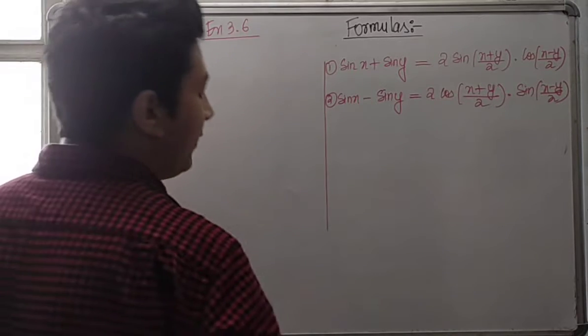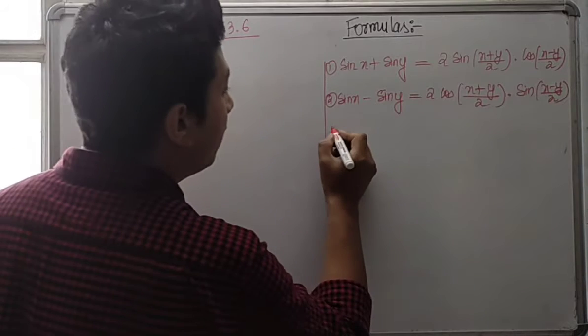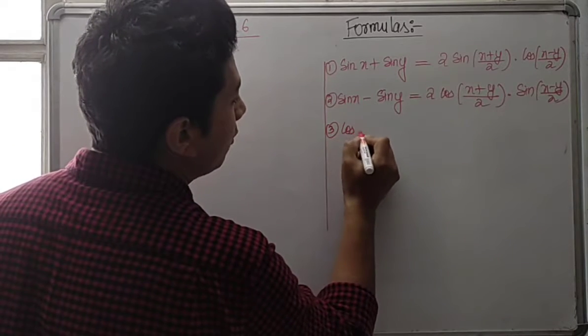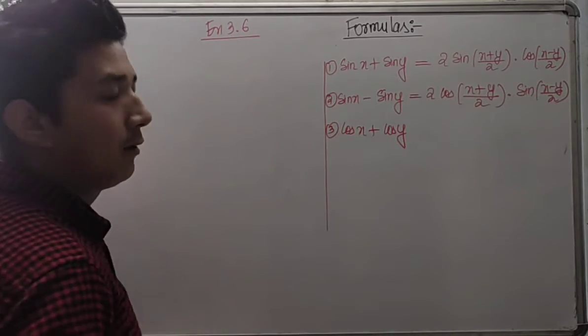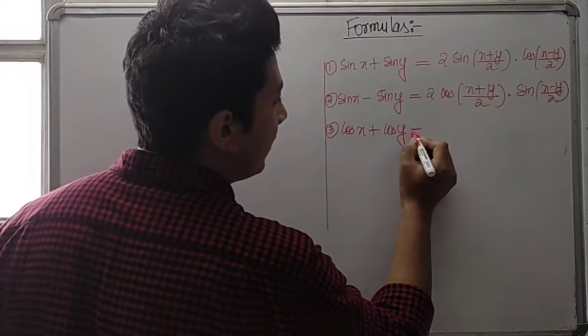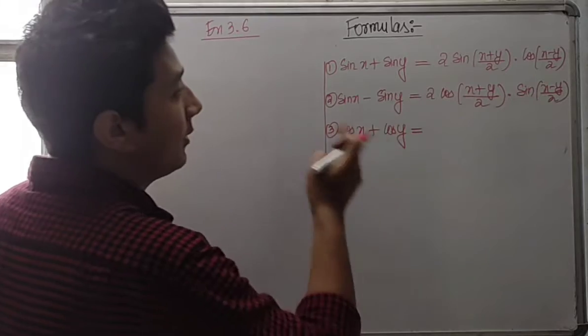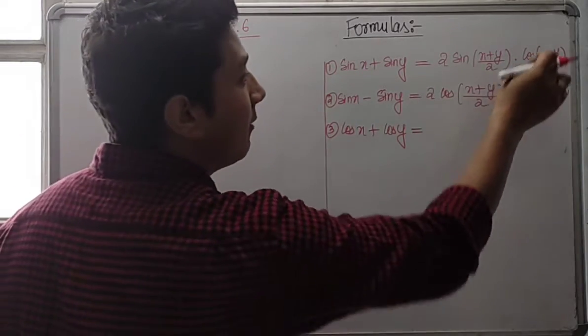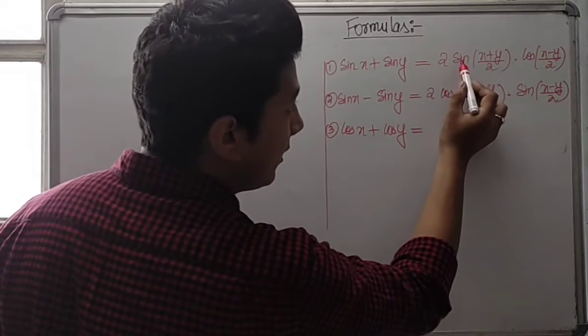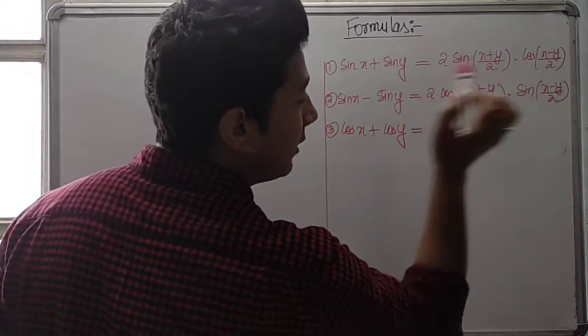The third formula is the formula of cos x plus cos y. The formulas are a bit similar, just interchange sine with cos and cos with sine.